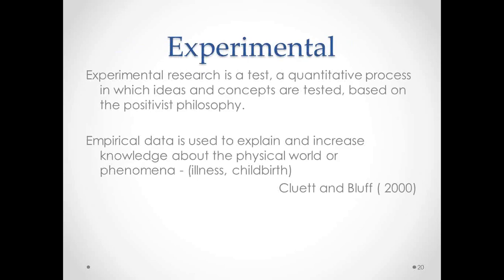If we're looking at an experimental design, experimental research is a test. It's a process where ideas and concepts are tested against that positivist philosophy, and empirical data is used to explain, and it says, increase knowledge.